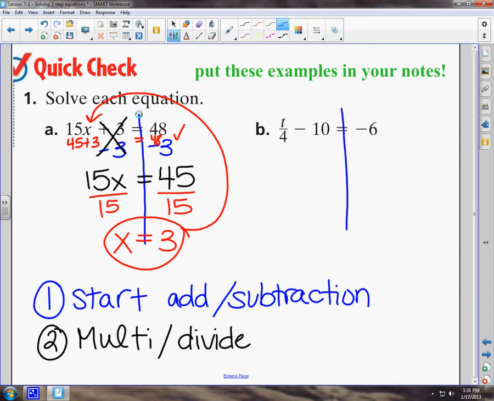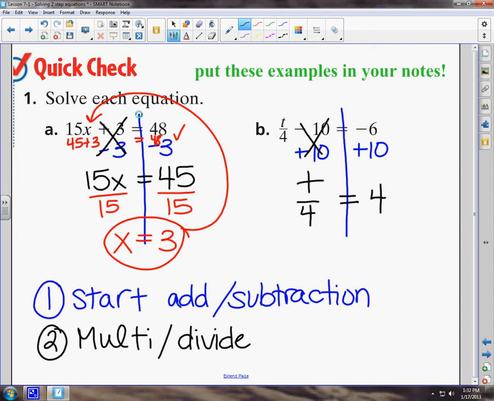All right, for this one, I'm going to start with addition and subtraction. I see a minus 10, so I'm going to add 10 to both sides. Here's where it gets tricky and people mess up a lot. These cancel off, and I have t divided by 4 equals. A lot of kids still struggle with negative and positive numbers. If I'm at negative 6 and I add 10, that takes me to positive 4.